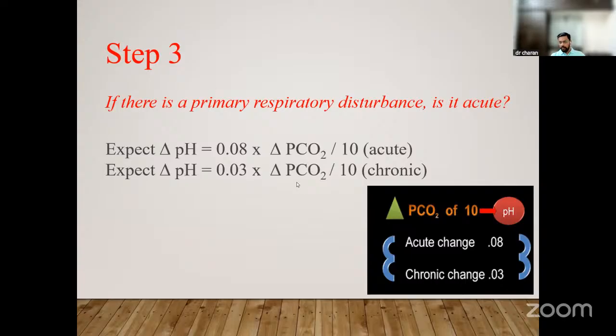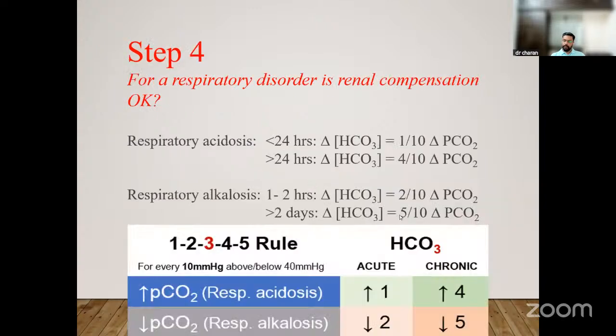But the basic concept is the change in pH is high if it is an acute problem because the kidney doesn't have much time to compensate. But the change in pH is less when it is a chronic problem, when the kidney has got enough time to change the bicarbonate.